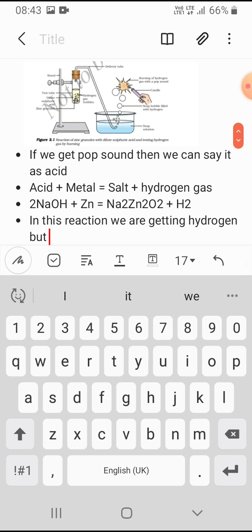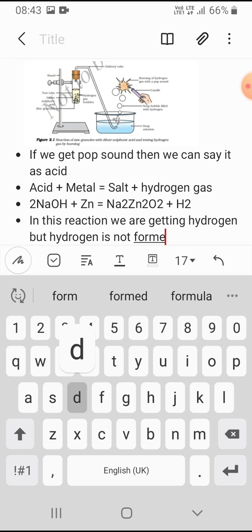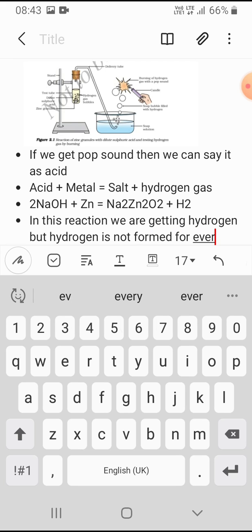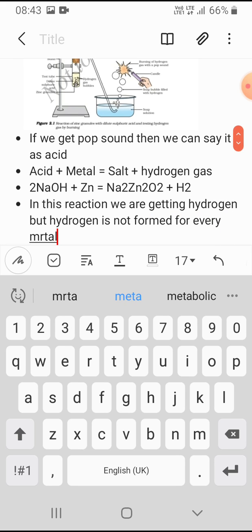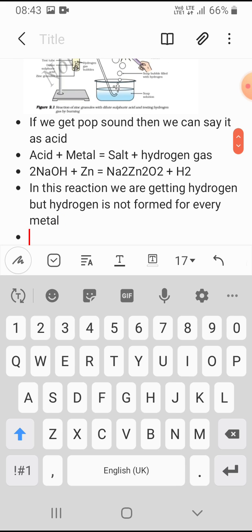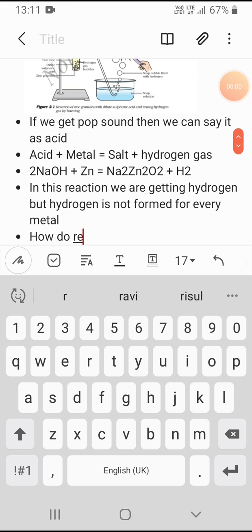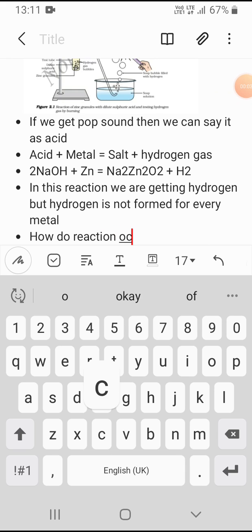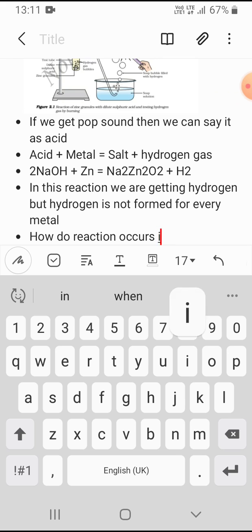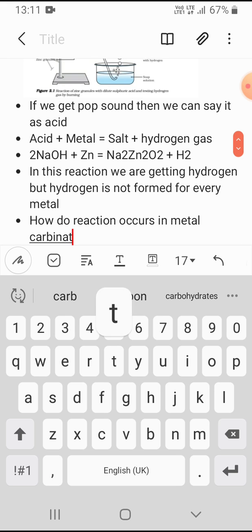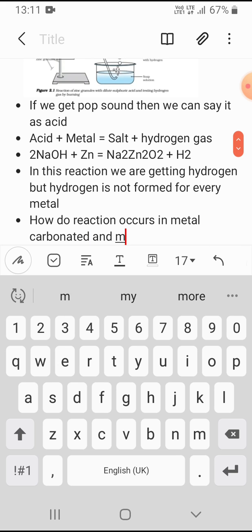But hydrogen is not formed for every metal. For every metal hydrogen will not come. Now the reaction occurs in metal carbonates and metal hydrogen carbonates.